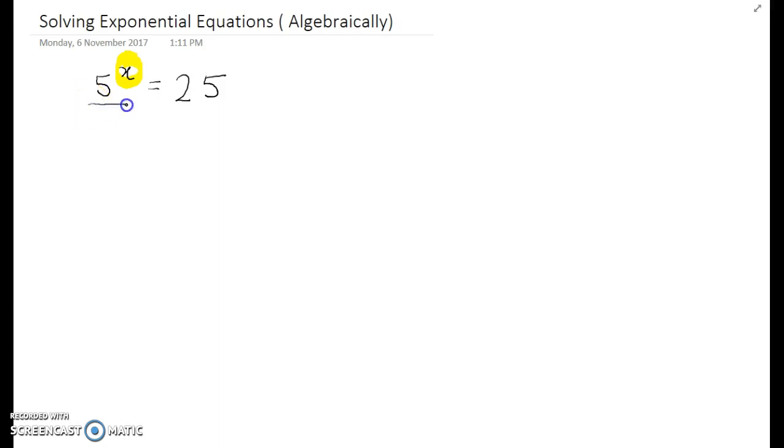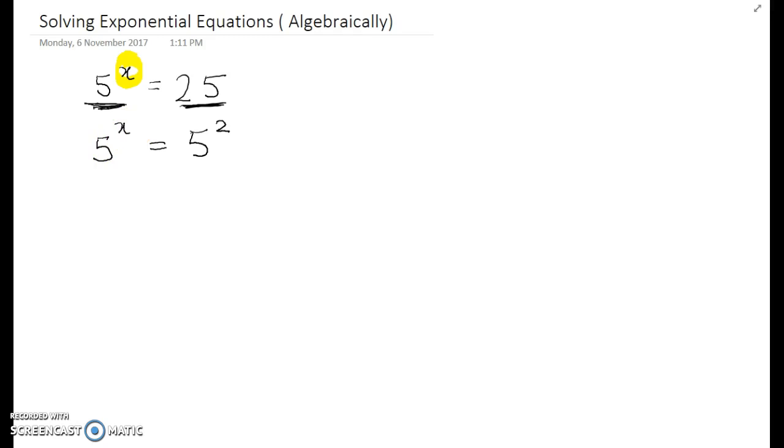On the left-hand side, we have 5 to the power of x, and on the right-hand side, we have 25. Now, we want to have the same base. On this side the base is 5, and we have the number 25, so how can we write 25 with the base of 5? It's 5 to the power of 2, which is 25. We have an equal sign here, which means both sides are equal.